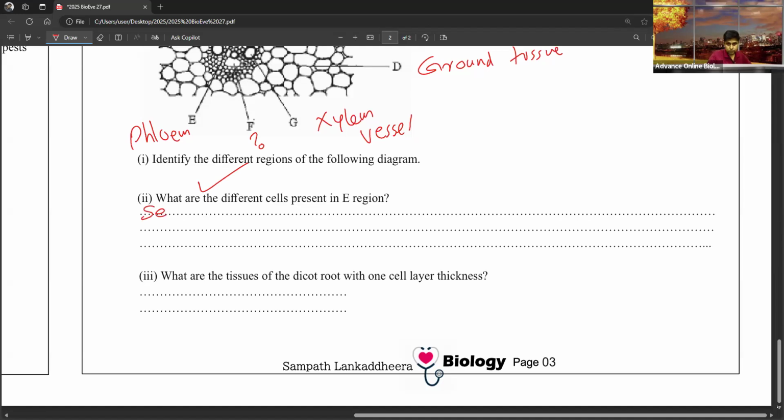So sieve tube elements, companion cells, phloem fibers, phloem parenchyma.